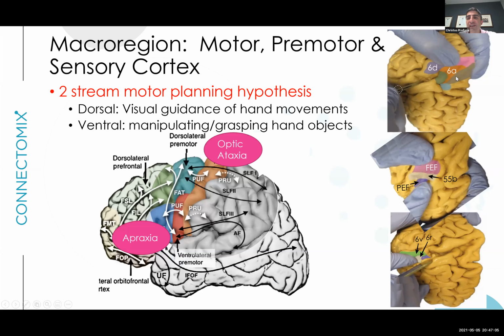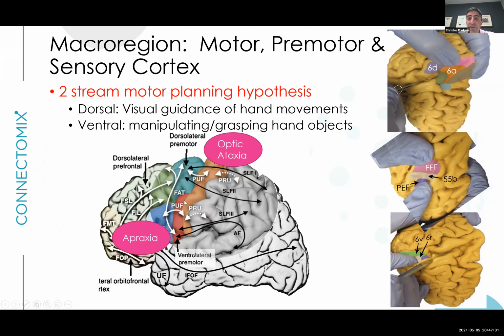So if we've got a lesion in the superior part of this system, so our dorsal premotor area, the problem that we experience is visual guidance of hand movements. And how that manifests is optic ataxia. So you've got the visual information, but it's not possible for you to make a plan with your hands based on the visual information to complete a task.